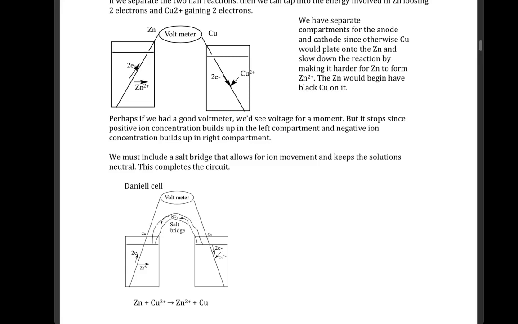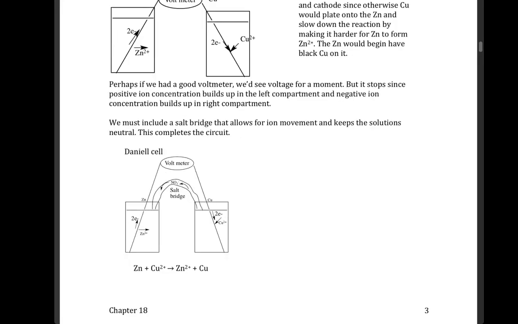So what we need to do is have a way to keep the 2 solutions neutral. The ion count needs to be such that each compartment is neutral. We can achieve that with a salt bridge. What the salt bridge does is allow ions to move from one side to the other, keeping the 2 solutions neutral.